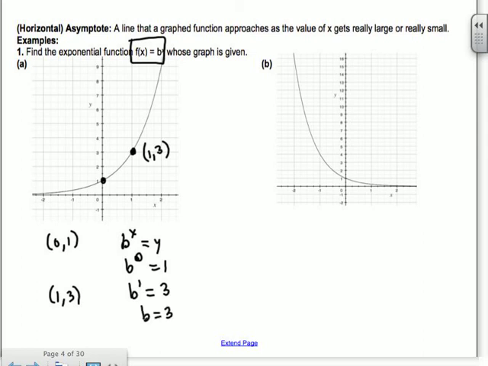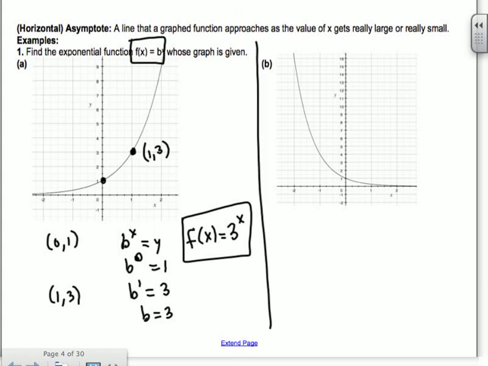So that means my function is f of x equals 3 to the x. That's my function. This looks pretty good because it's exponential growth. It's getting bigger, and our b value is more than 1, so I know that I'm doing this correctly.